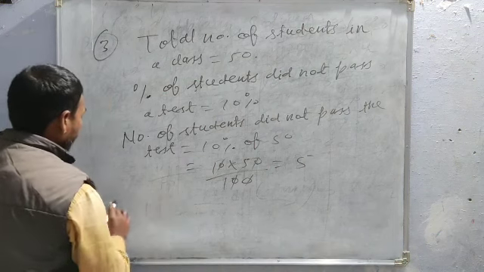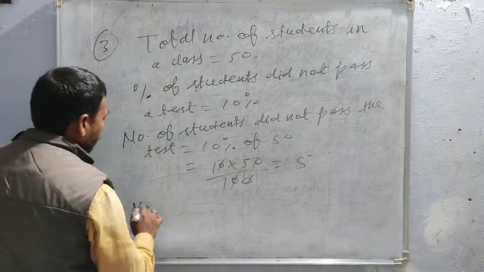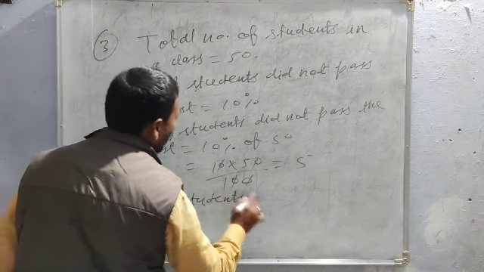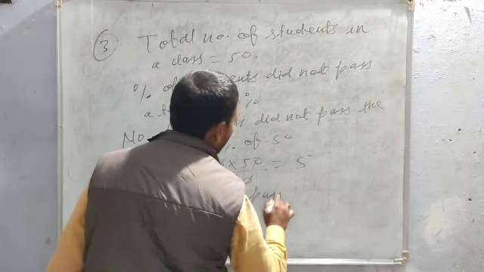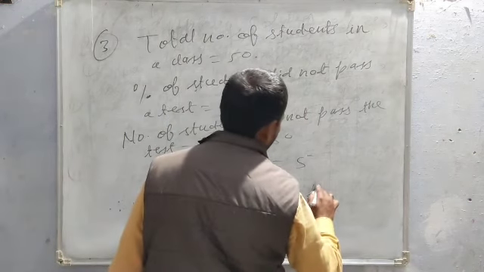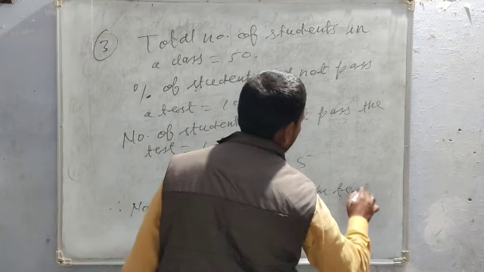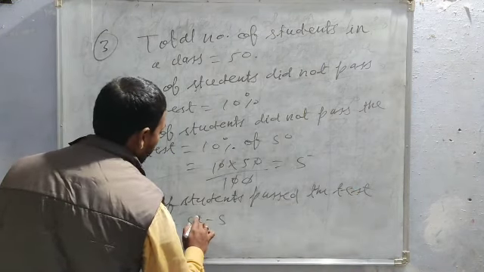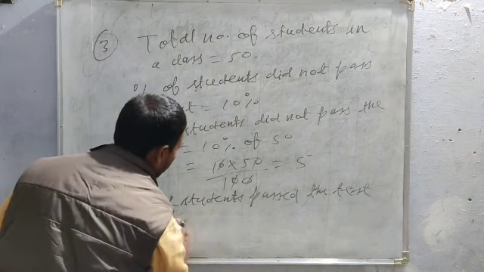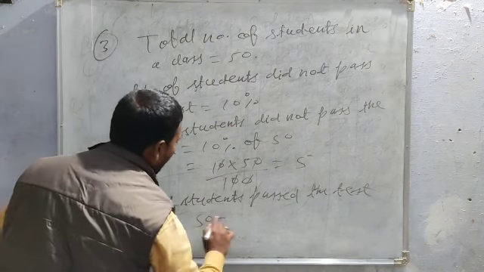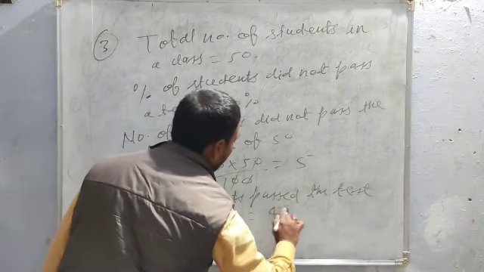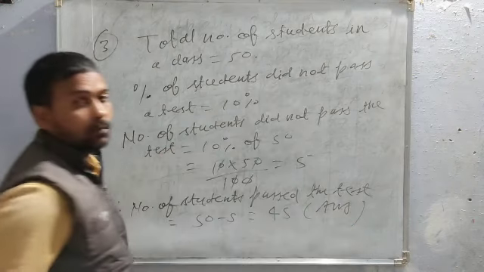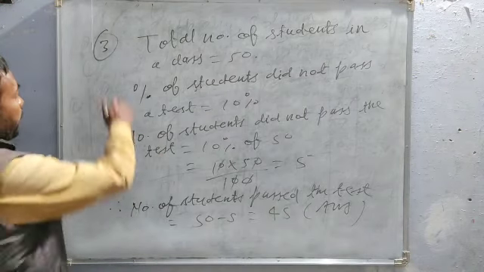So you can write hence number of students passed the test. This will be 50 minus 5, that is 45 students. This will be the answer. This was the first method, children.